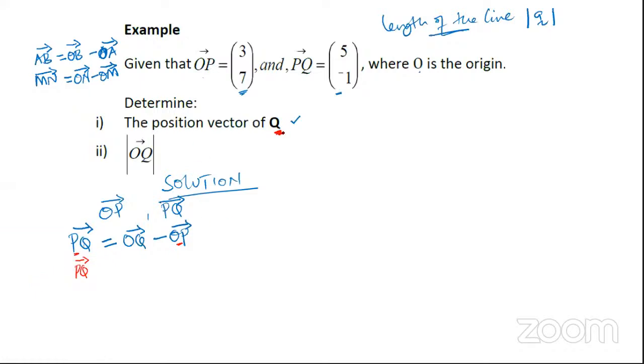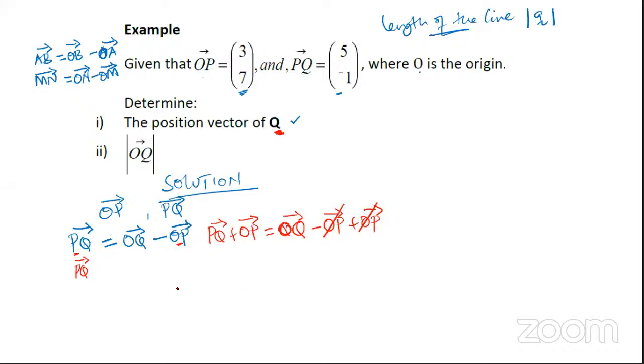Remember, this is what we need. So we are remaining with this one on this side, meaning when this one goes to the other side, we add. So PQ plus OP is equal to OQ minus OP plus OP, and then these ones will cross out. So we shall remain with this.